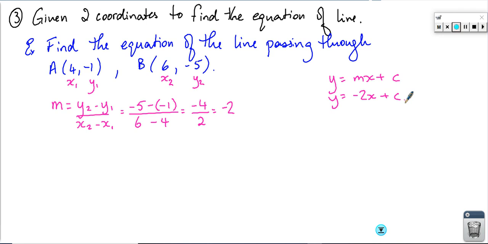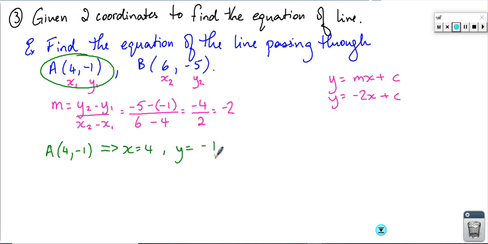To find c, we need a value for x and a value for y. But we already do have two of those, because if we choose one of the two coordinates, for example, I'm going to choose coordinate A, 4, minus 1, tells me that x is 4 and y is minus 1. Having that information, I can substitute this into the equation which I have just written.